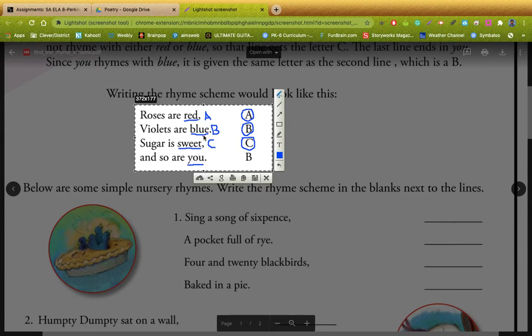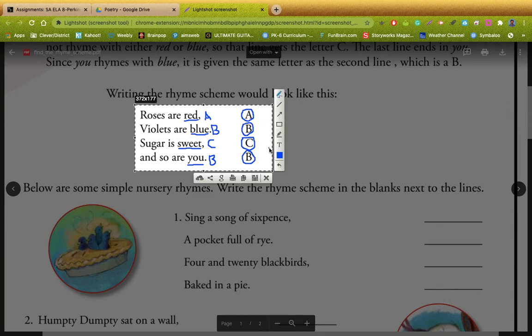Because you rhymes with blue, this is a B because it rhymes with the B line. That's as simple as it gets. You doesn't rhyme with sweet, so it's not a C. It rhymes with blue, which we've already identified as the B line. So that's why it's A, B, C, B. That's why they have the B over here.